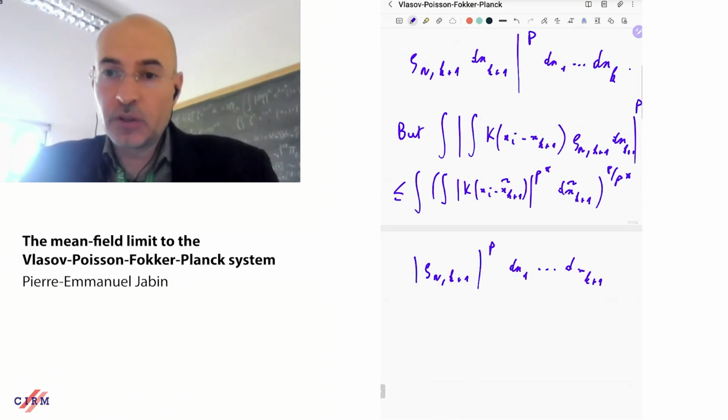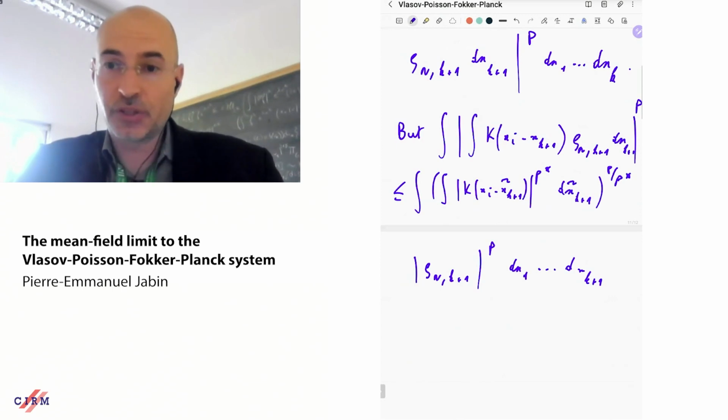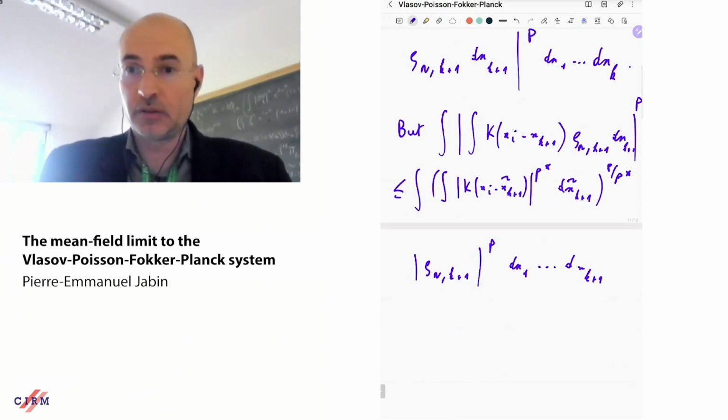And you see that because k depends on the difference, right, this integral right here in the middle is just the LP star norm of k.